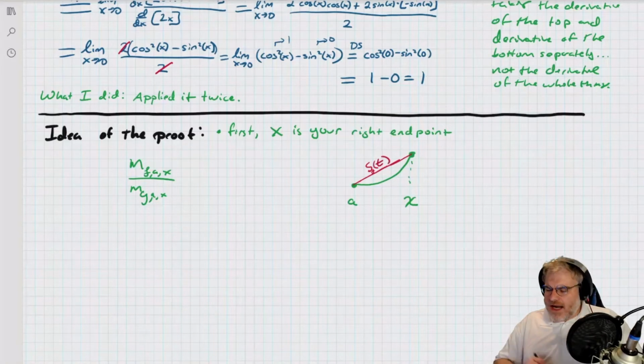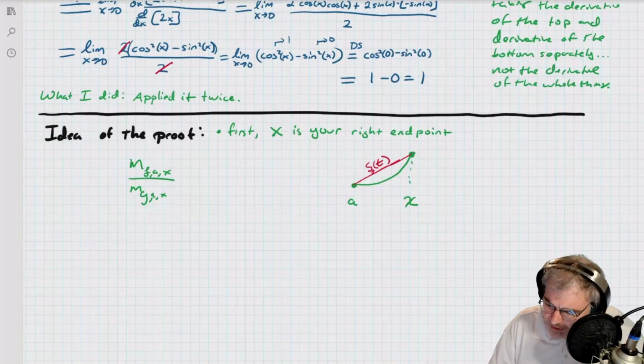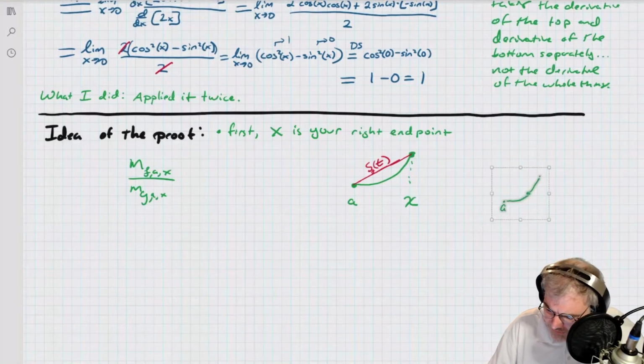Okay? If you zoom out, what I'm really doing is using the mean value theorem to turn this into a kind of polygon. Instead of having this thing here, I'm going to use the mean value theorem to turn this thing into a polygon, essentially.